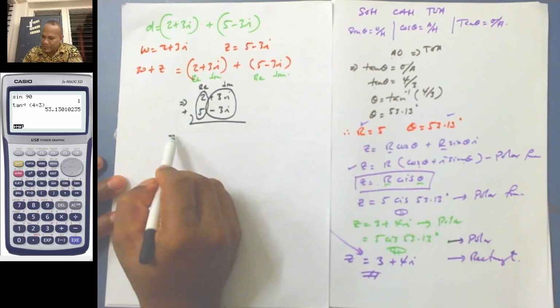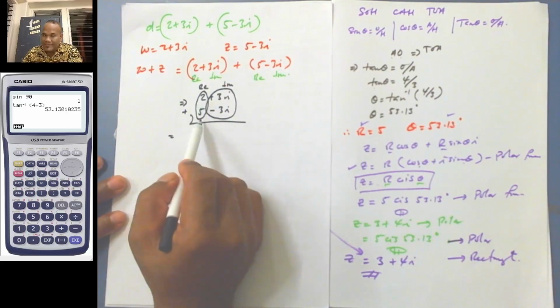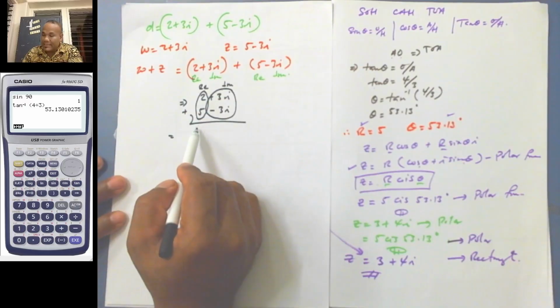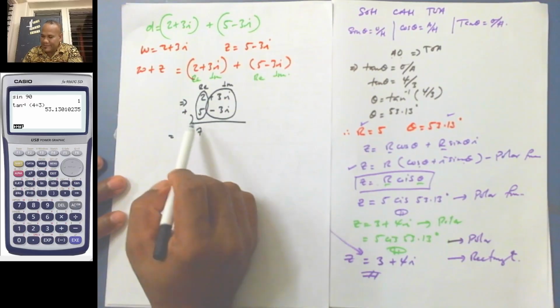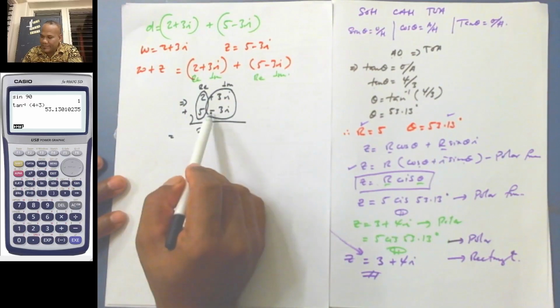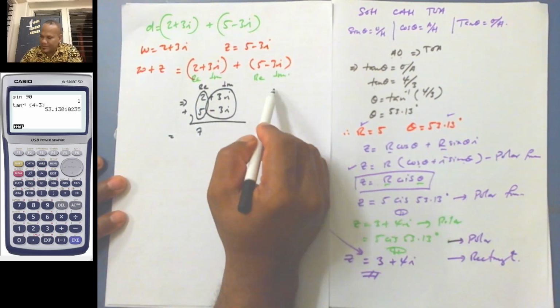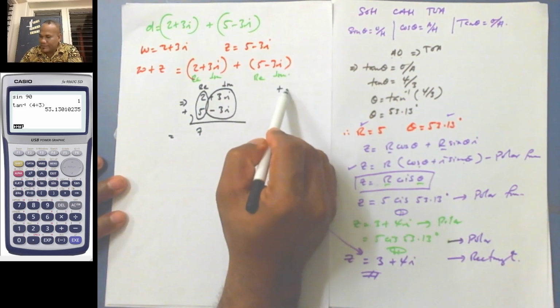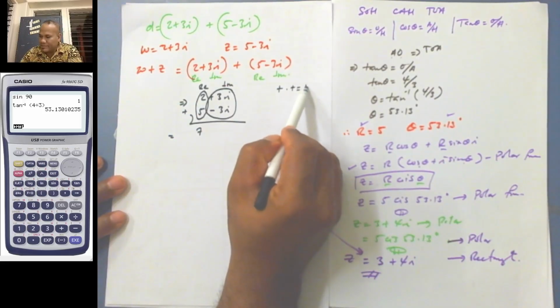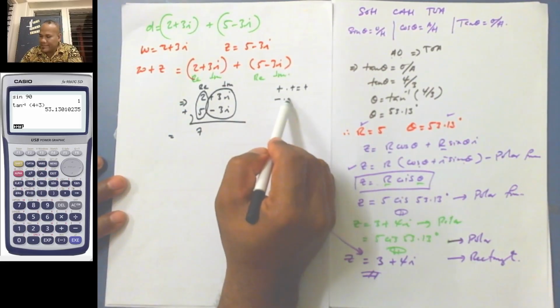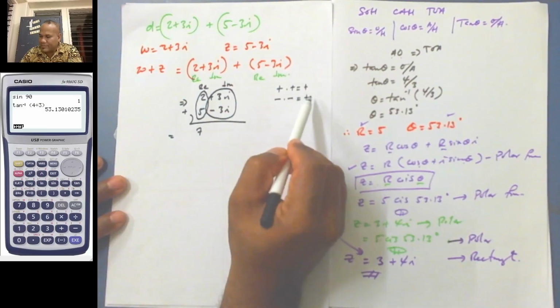So let's go. 2 plus 5 is what? 7. Yes. Now positive and negative. Let's look at the law. Positive times positive is positive. Negative times a negative gives us a positive.